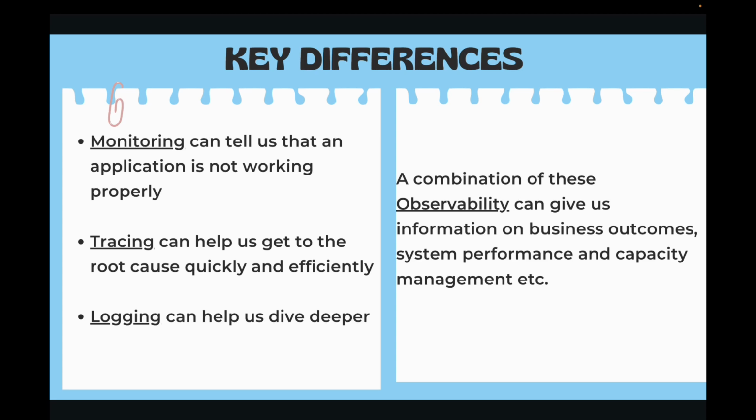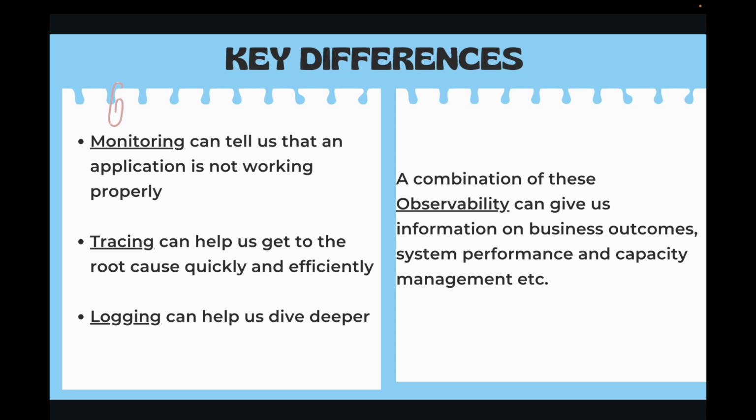When you combine these three powerful aspects of observability, what observability can give you is information on business outcomes. You're not running a system for fun, right? You're running a system to run your business, or it serves a business purpose.